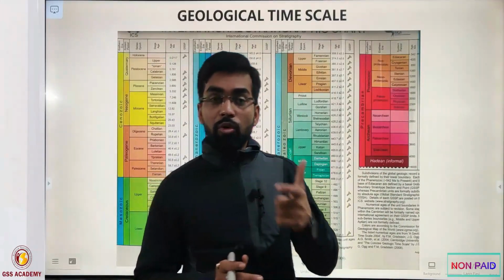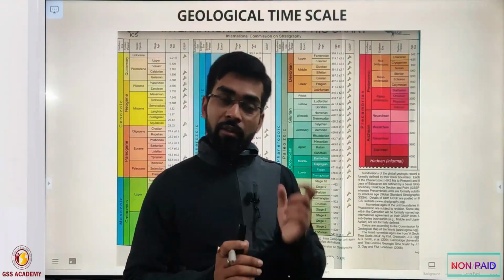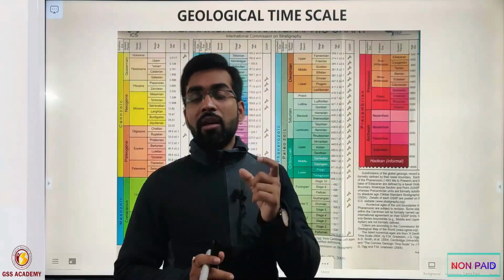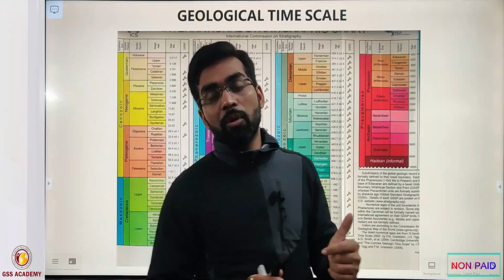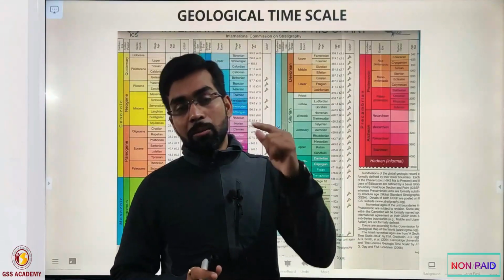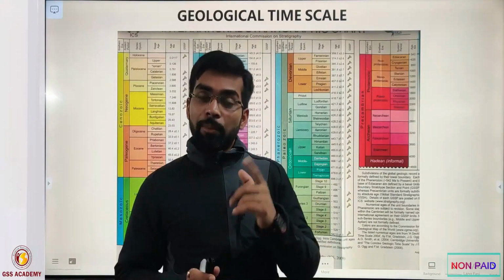After the Proterozoic, when the Paleozoic started, you can see that in the Indian subcontinent there is no single larger formation present in Peninsular India.